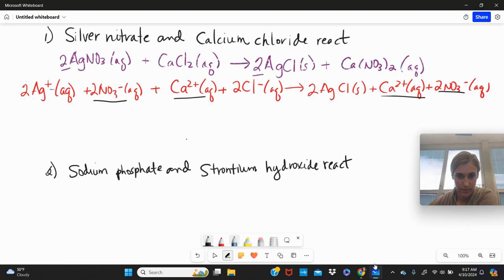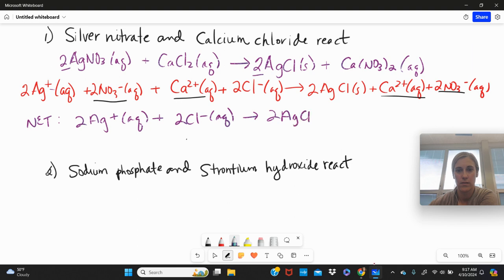So, I'm going to use this color again. So here's my net. Just rewrite what I did not underline. This is really what's just occurring. Okay, that's number one.